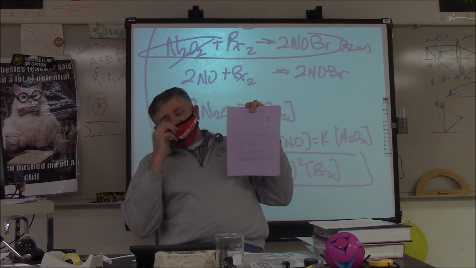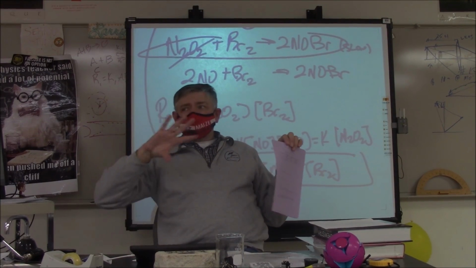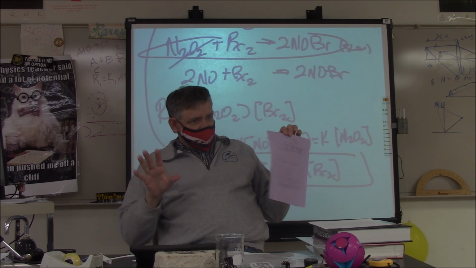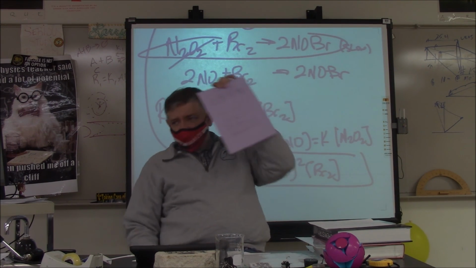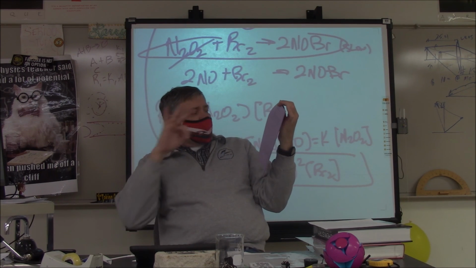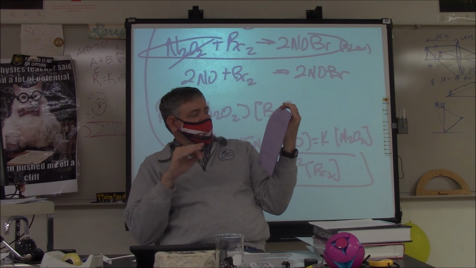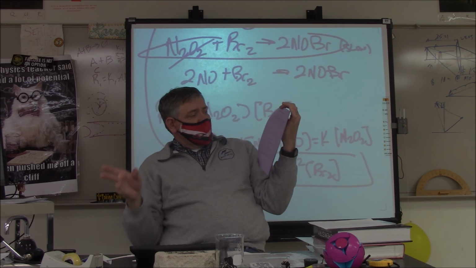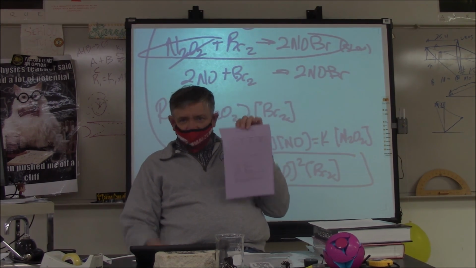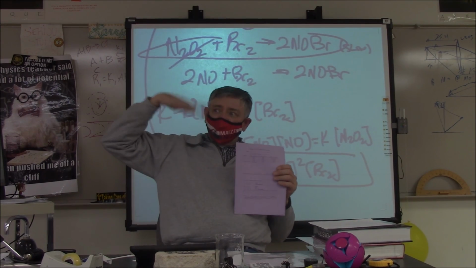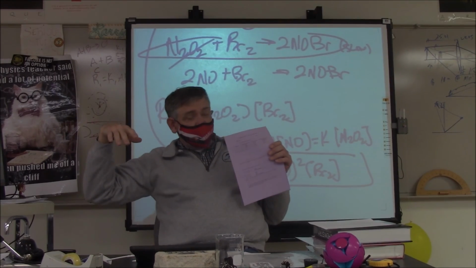Okay, so let me explain what's going to happen on this, because this is kind of a summary of a lot of the things that we've done so far. So this one, I've given you 3 different experiments: concentration of A, concentration of B, initial rate of formation of D. You determine the rate law for the reaction. So this is the process where you've got to choose ones to cancel out, okay?